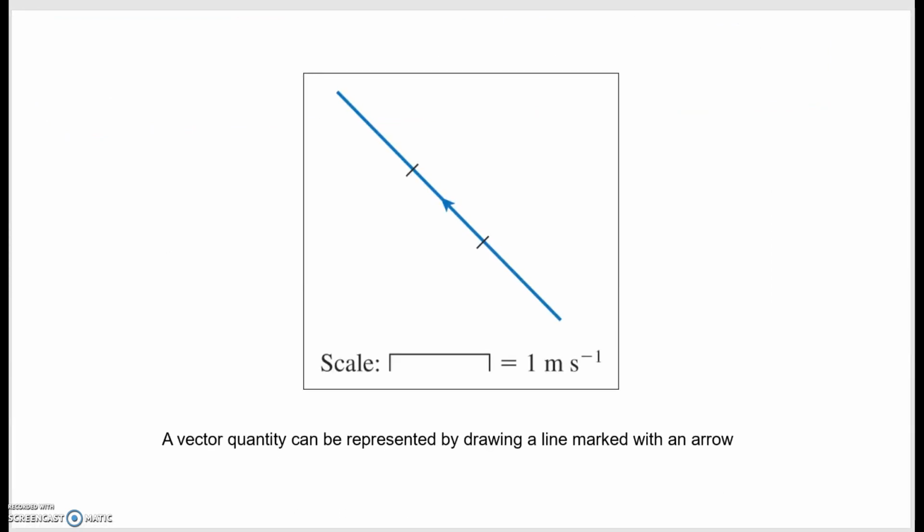Now, a vector can be represented by drawing a line marked with an arrow, and the length of the line represents the magnitude. So the length, this is what we're talking about, is the magnitude of the vector, and the direction of the line is the direction of the vector.